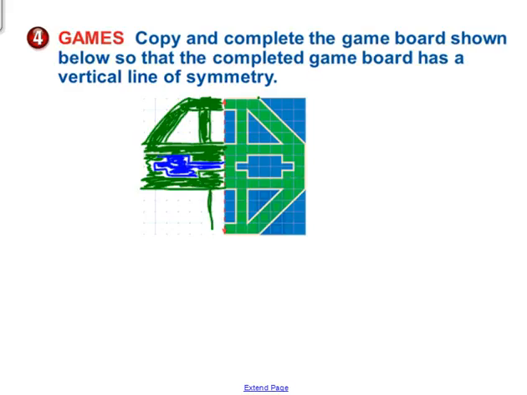Whoops. And I made a little error, it looks like there.